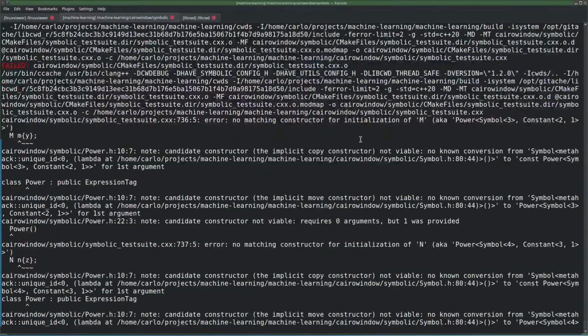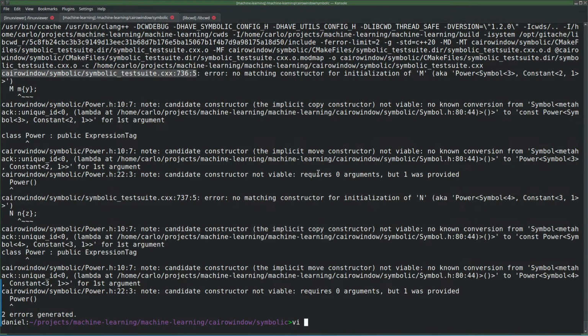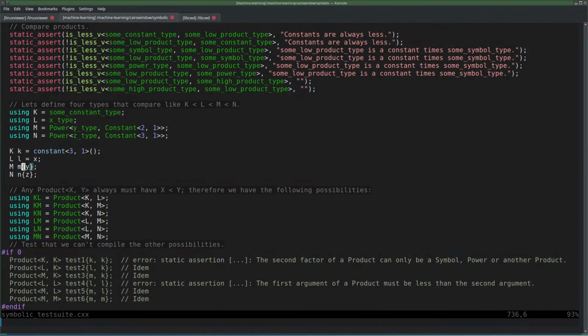Okay, no magic constructor initialization of M, aka power, and we still have powers with arguments.